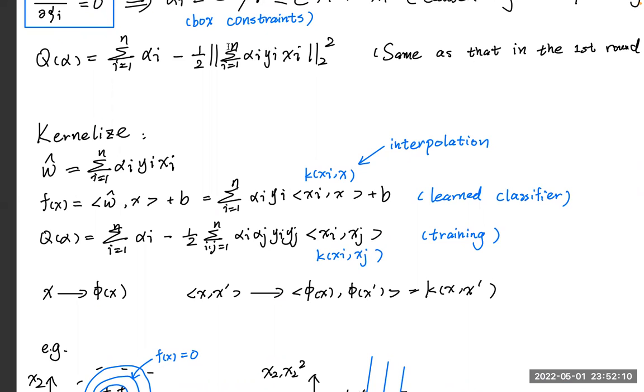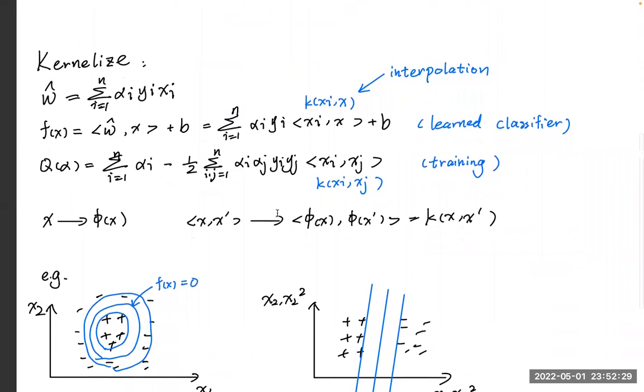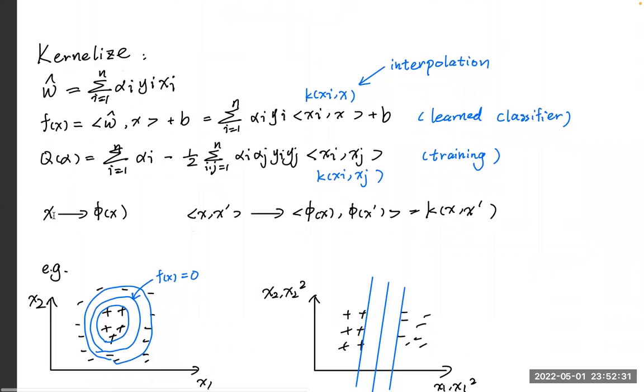If we write out the inner product, we get n squared terms. For each pair ij from 1 to n, we have alpha I, alpha j, yi, yj, and then xi, xj, the inner product.